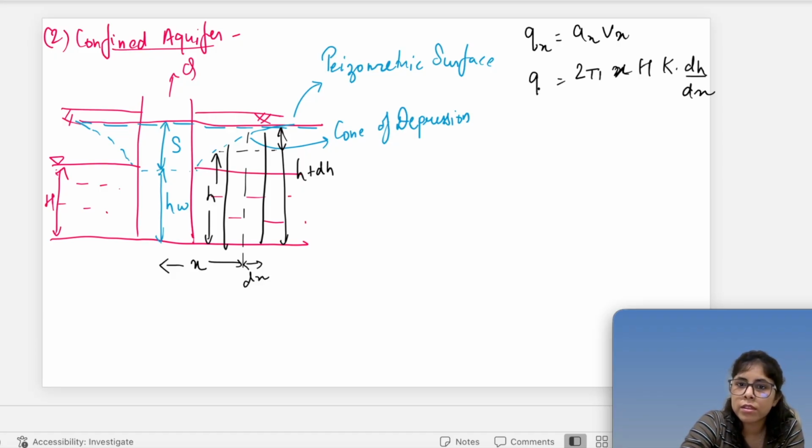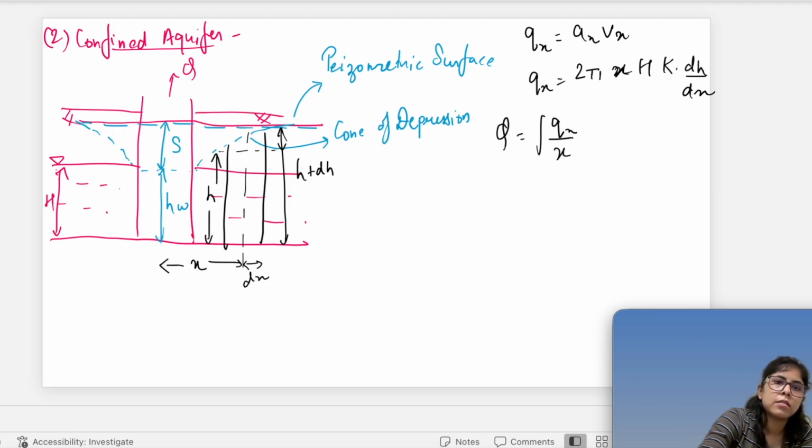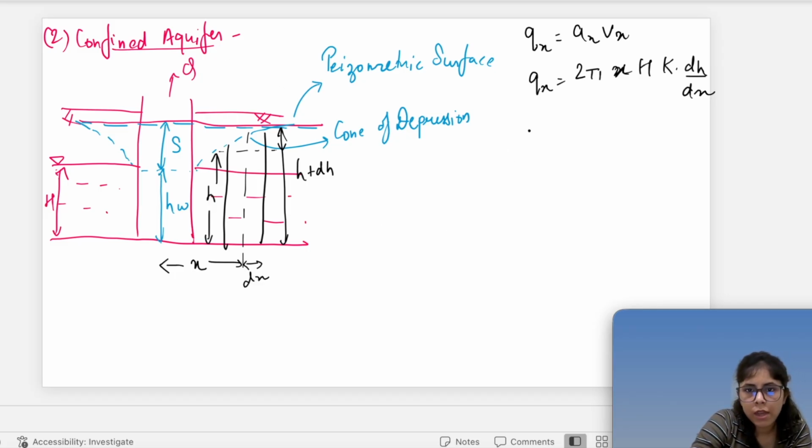So everything is going in the same way, and if I integrate, I get Q upon x dx is equal to 2 pi H k dh.